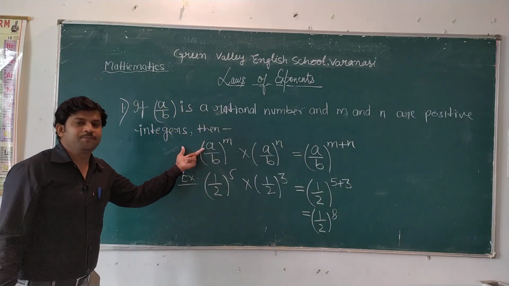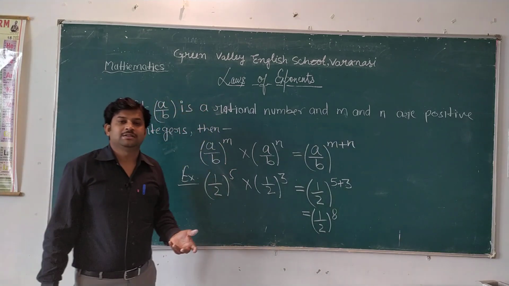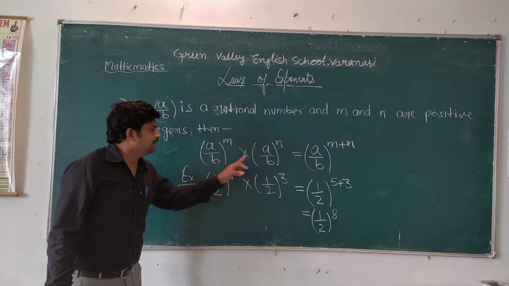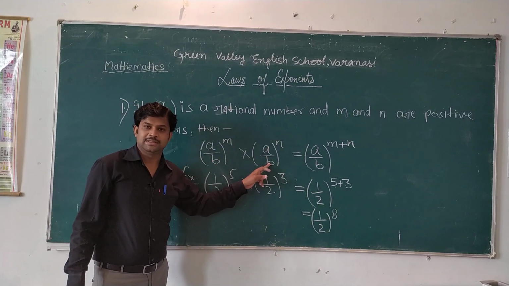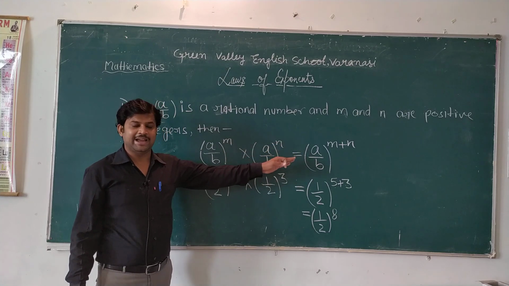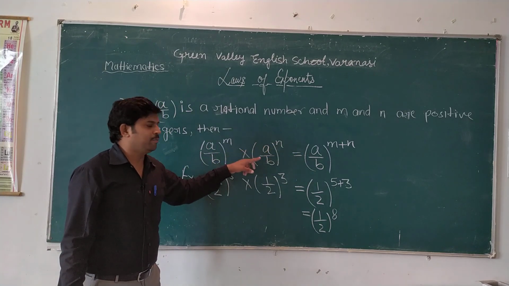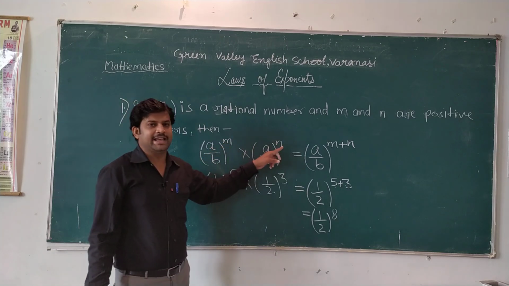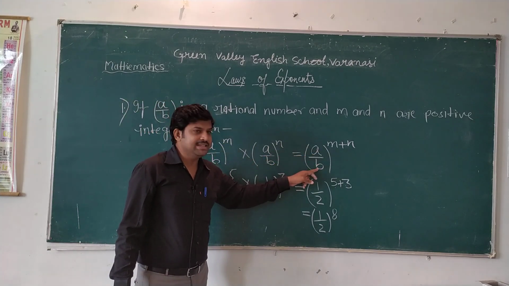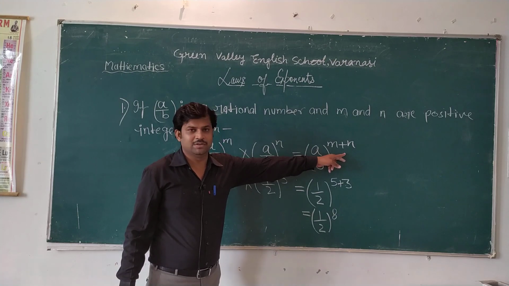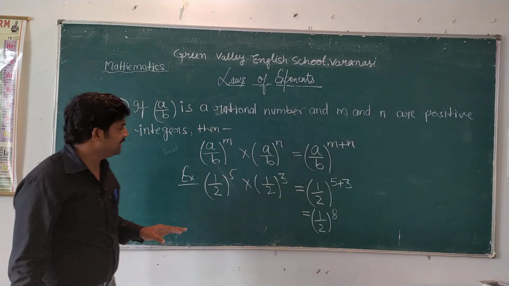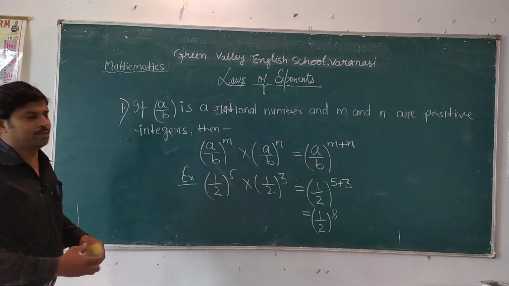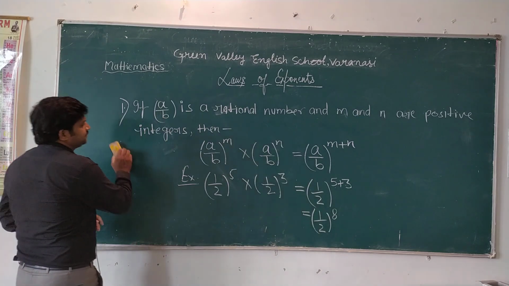In this law we can say that when the bases are the same, then the powers are added. Here the bases a/b and a/b are the same and the powers are m and n. Then we write the base and add the powers, m plus n. This is our first law of exponent.